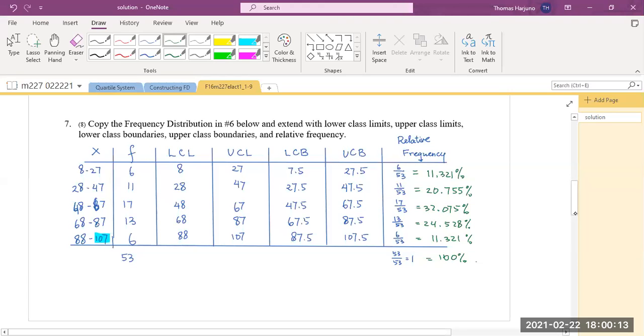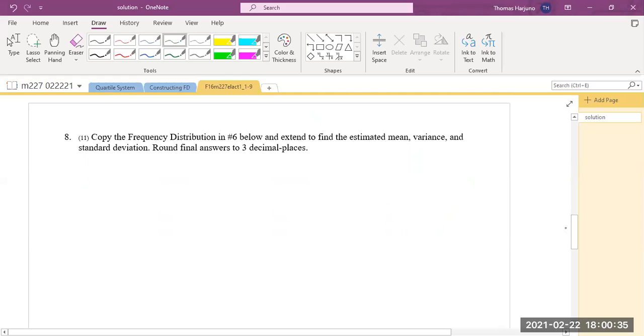Remember I said that we will put things together? Basically, whatever we learned before since the very beginning: mode, median, mean, constructing frequency distribution, the quartiles, lower class limit, upper class limit, lower class boundary, upper class boundary, relative frequencies. Now in number 8, we will copy the frequency distribution from number 6 again, but this time we will extend it to find the mean, variance, and standard deviation.